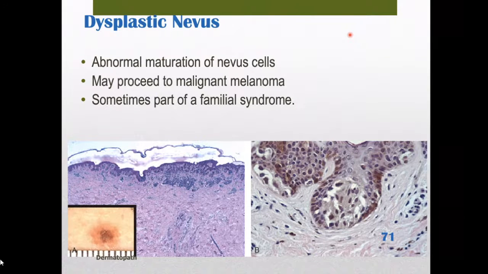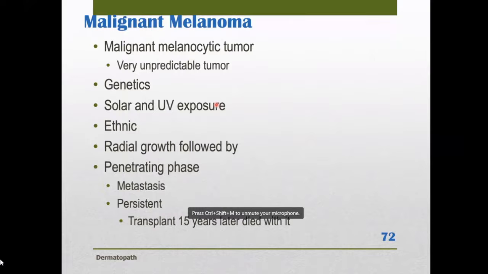These dysplastic nevi are still benign, but they have some cells which appear abnormal, and if not treated, usually it progresses to melanoma. And they say it is part of a familial syndrome, because, as you saw in carcinogenesis, there are some syndromes which predispose some family members to certain cancers or tumors.